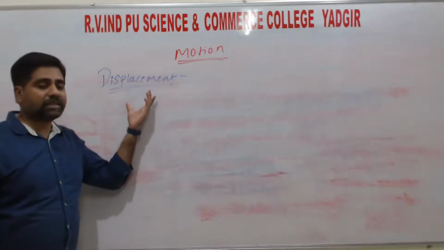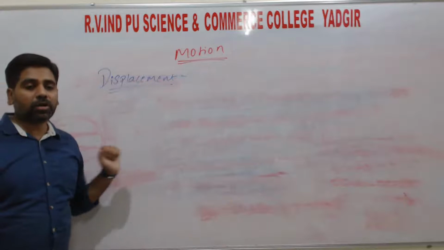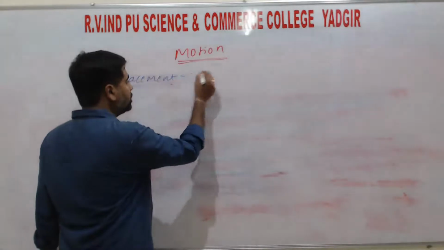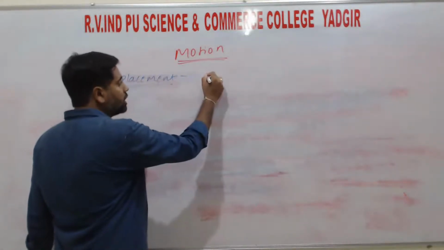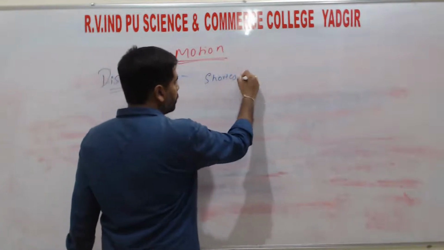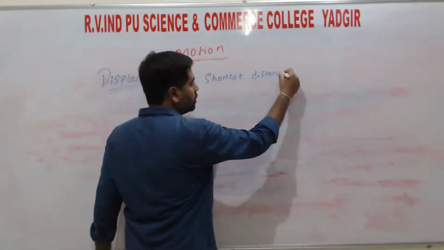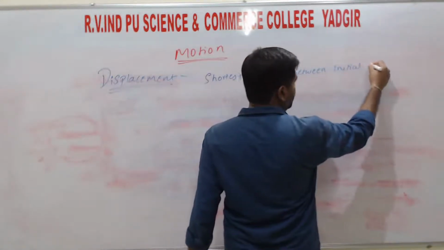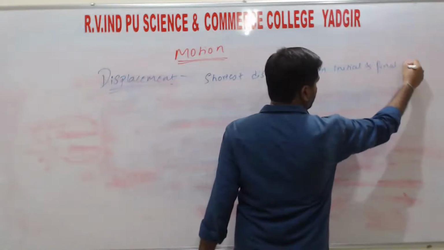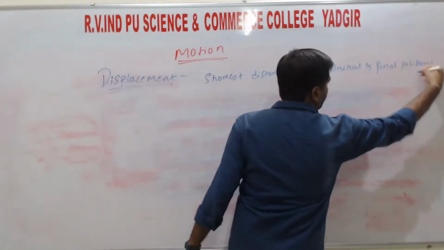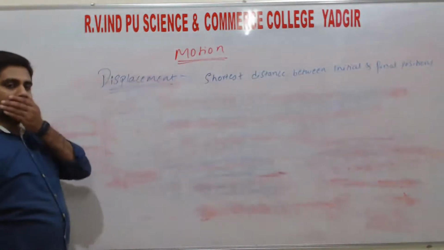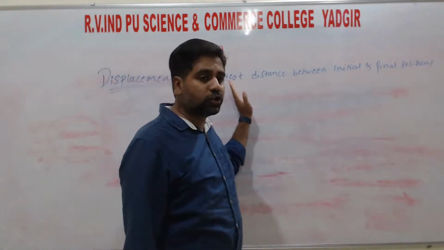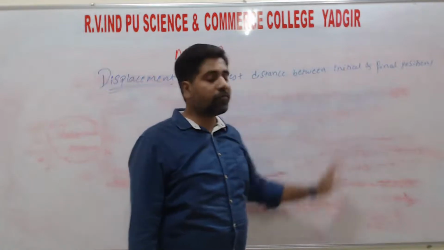So displacement is the shortest distance between the initial and final points or position, right? This one we call as the displacement. So displacement is the shortest distance between the initial and final position.